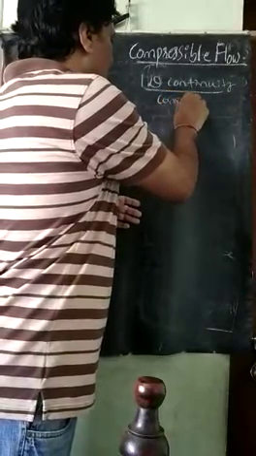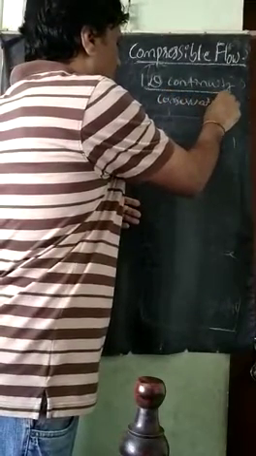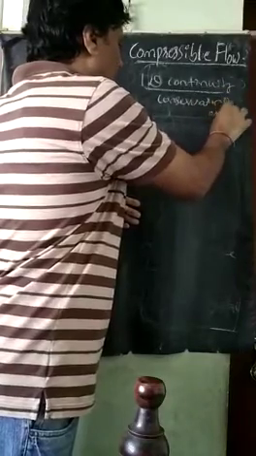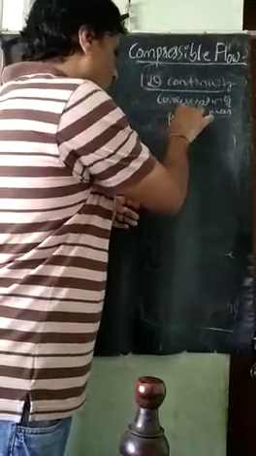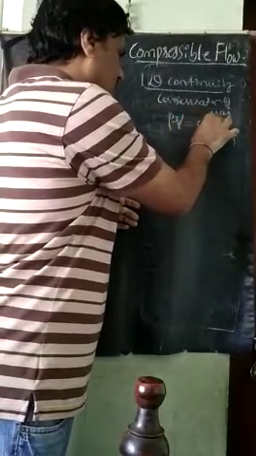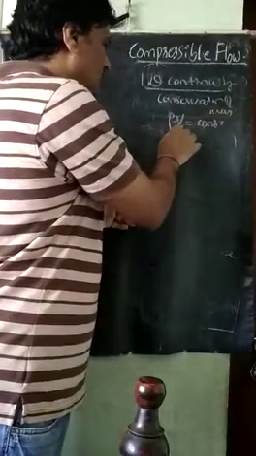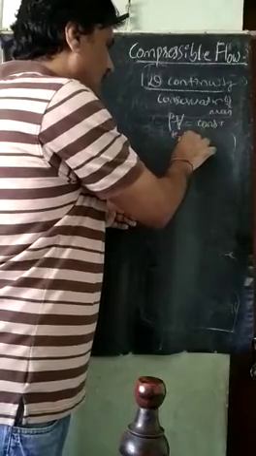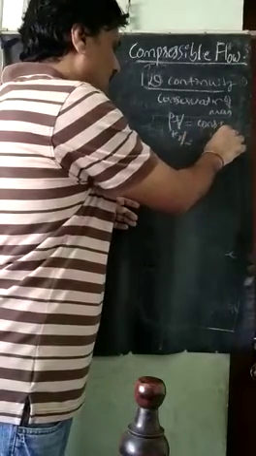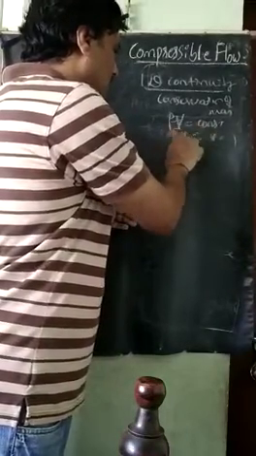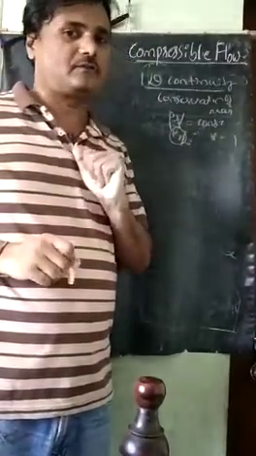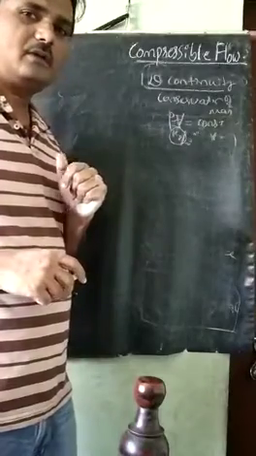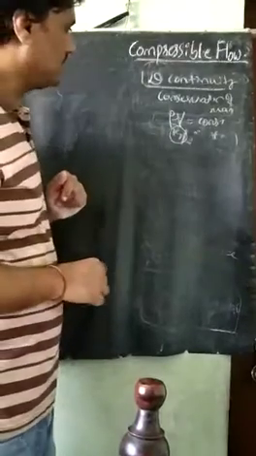This conservation of mass means rho into V is constant. Rho is kg per meter cube, and V is the volume, meter cube. Kg is a mass. Mass will remain constant. That is the conservation law for a one-dimensional continuity equation.